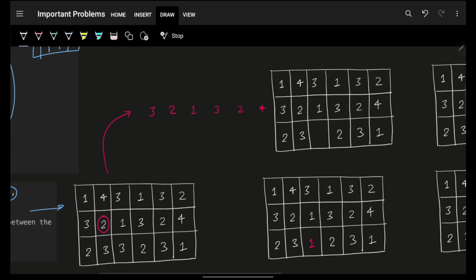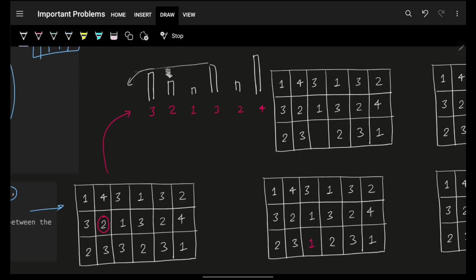Because if I have buildings of height 3, 2, 1, 3, sorry, height 2, and then height 4, you will easily see that I can trap 1 unit of water, because apart from it, it will start overflowing from the left side.